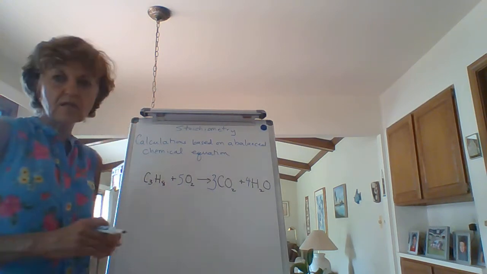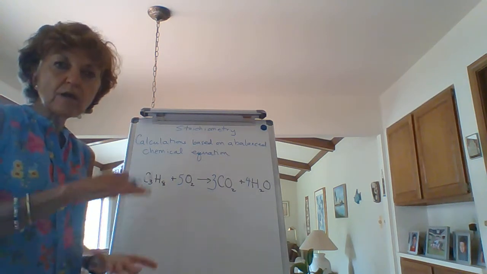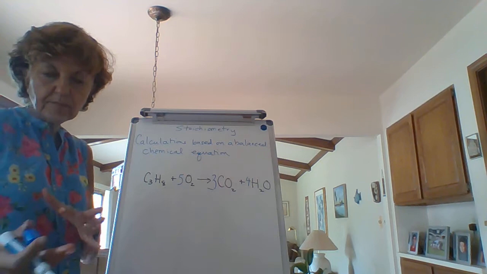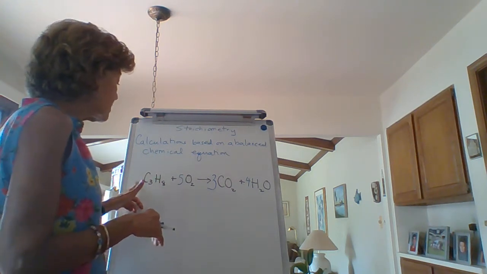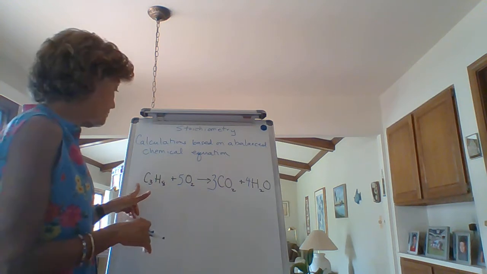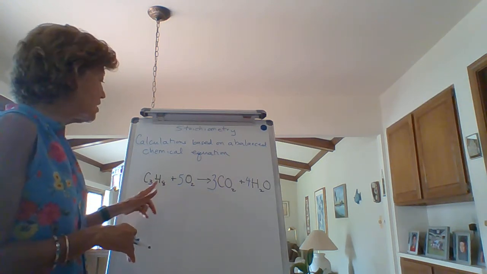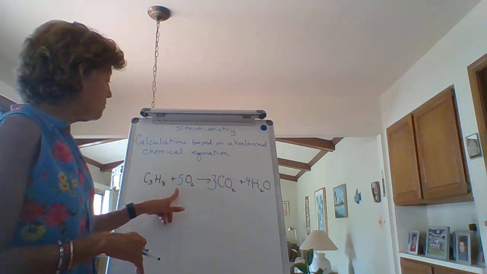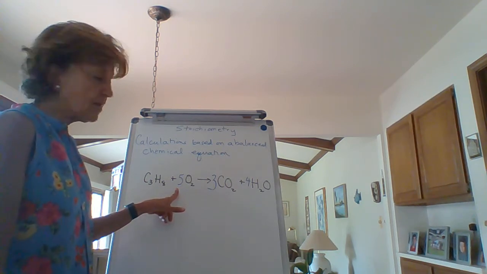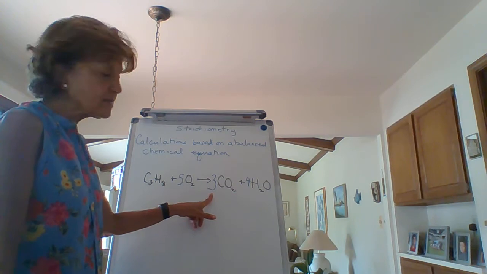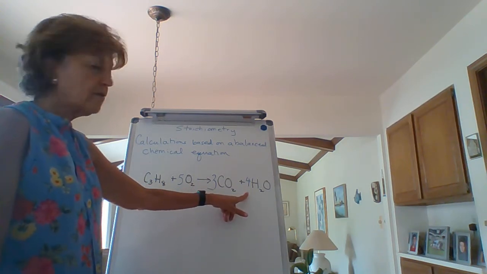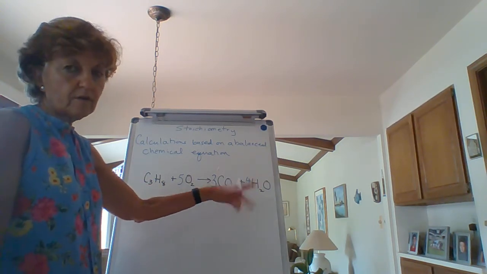talking about what these numbers mean. There's a microscopic scale and a macroscopic scale. The microscopic scale means that you can say 1 molecule of propane, C3H8, reacts with 5 molecules of oxygen gas to produce 3 molecules of carbon dioxide gas and 4 molecules of water liquid.